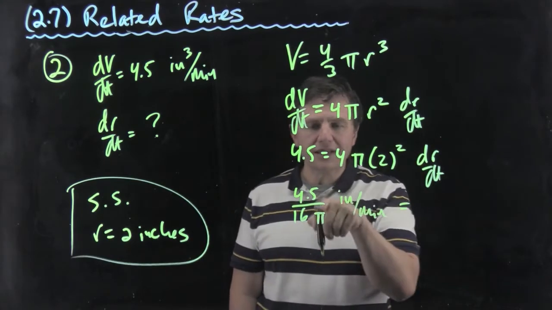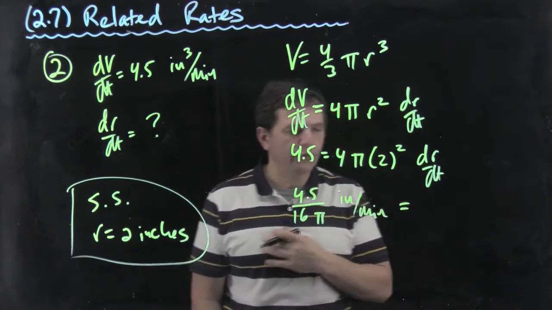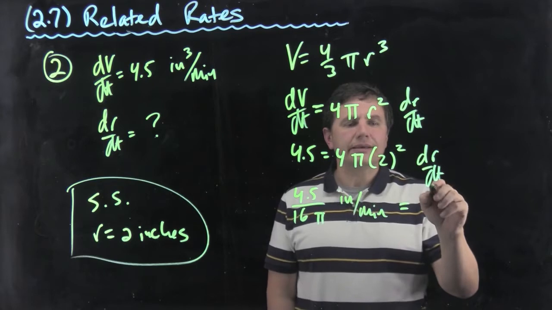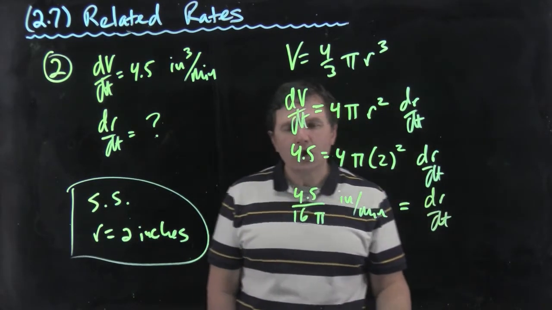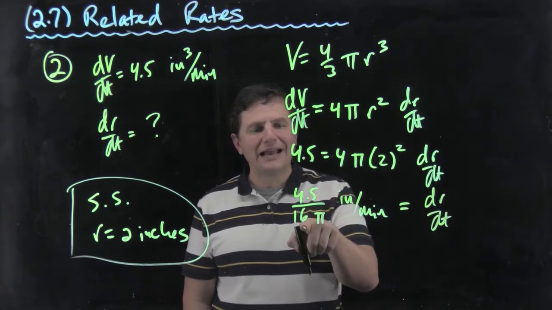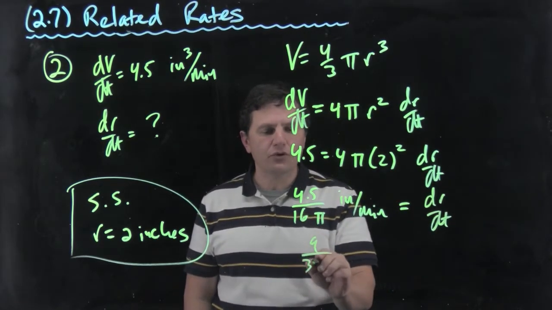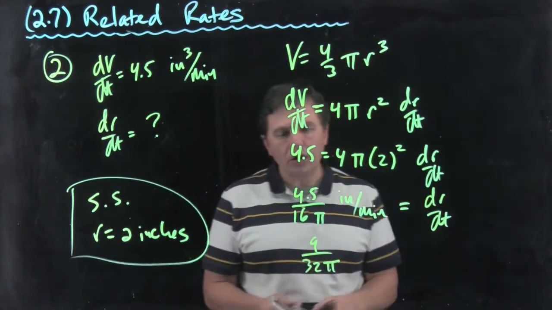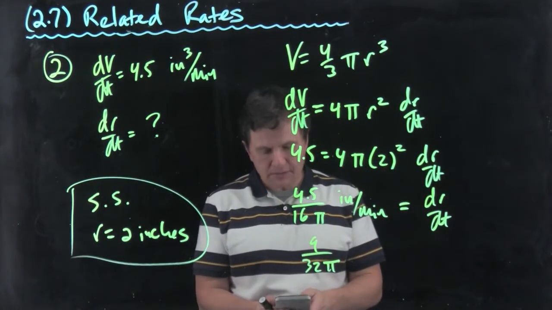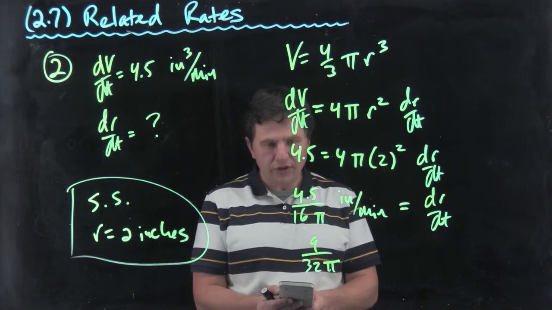I don't want to leave it like that. I really am not a big fan of decimals mixed with fractions. It's right, it's just somewhat problematic. So I have a couple options here. I could call this 9/2, I could make this 9 over 32 pi. That's one option. Or I could just plug this in my calculator if it is an open calculator. There's nothing wrong with that.